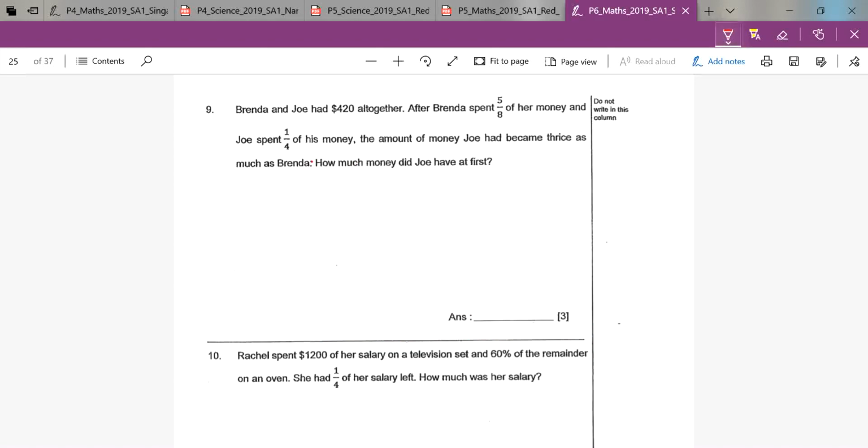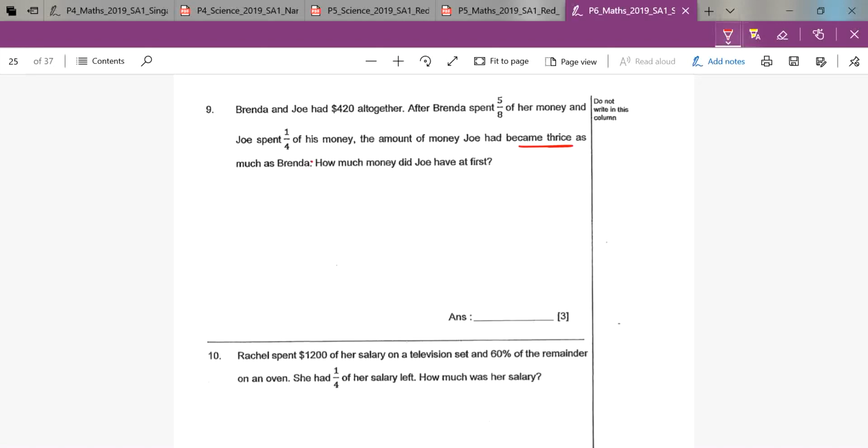Another way to solve it is that Brenda has 3 out of 8 of her money left, right?